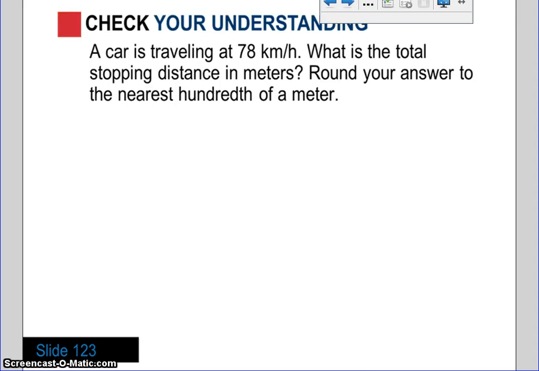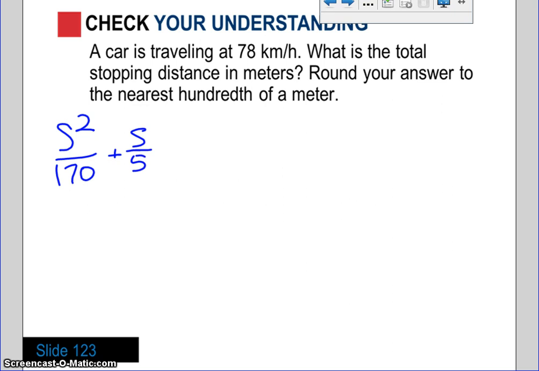All right, please take a second to solve this, and remember to solve it in meters. Come back when you're ready. All right, hopefully you found that the formula we just learned is probably the better route to go, because we're looking to do this in meters and it's already given to us in kilometers.